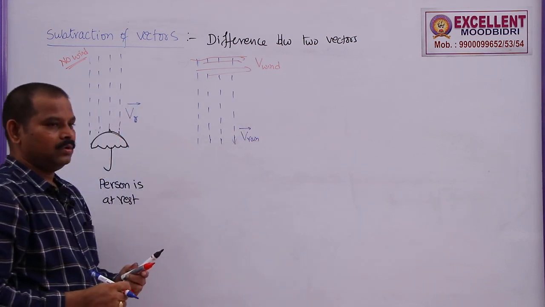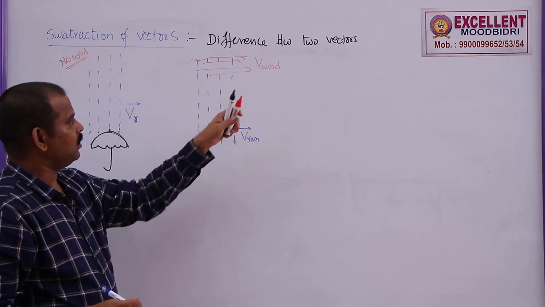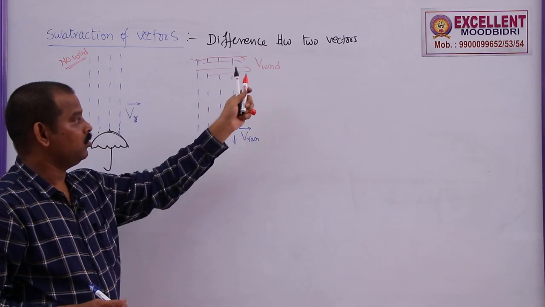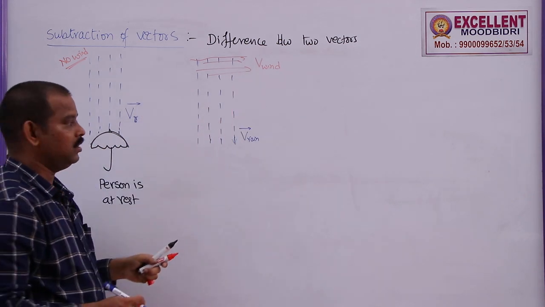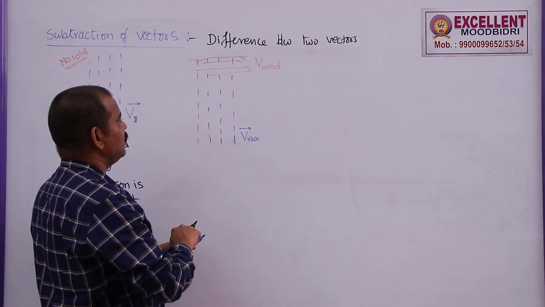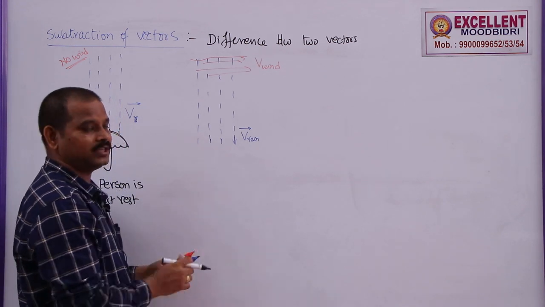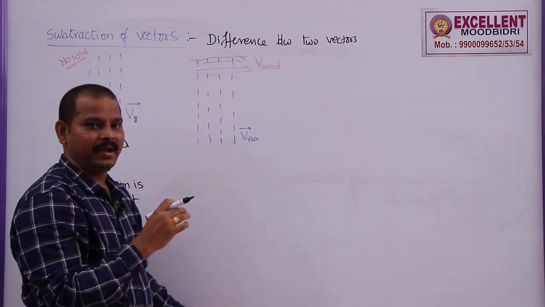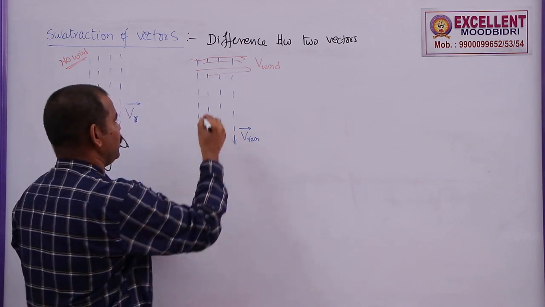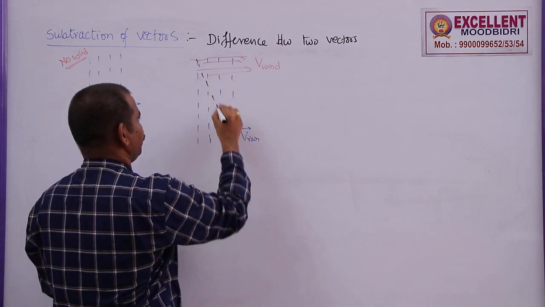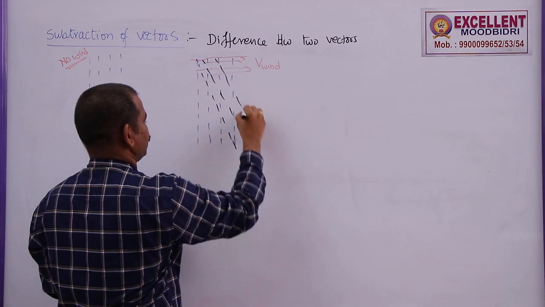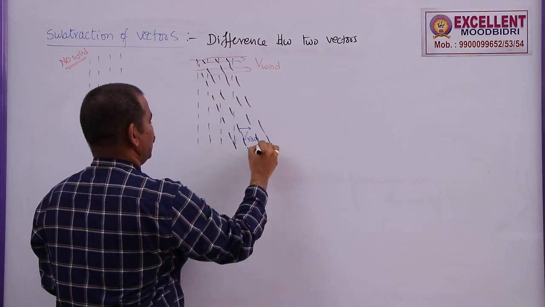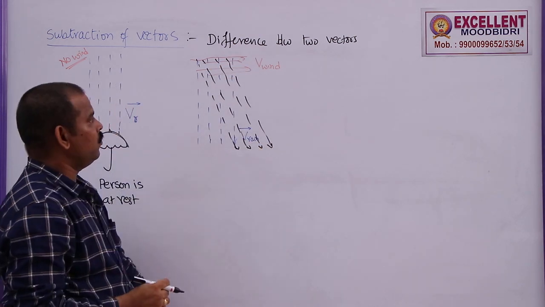Now due to this wind, the raindrops will try to move in the direction of the wind. As a result, what happens? Actually rain is falling like this only, but rain appears to fall in a different direction. So the direction of rain will change like this. This is the resultant of the wind and rain.